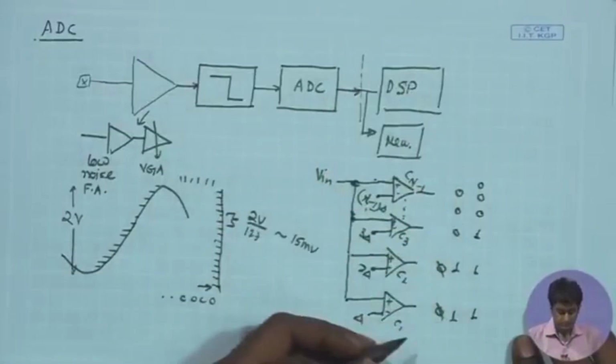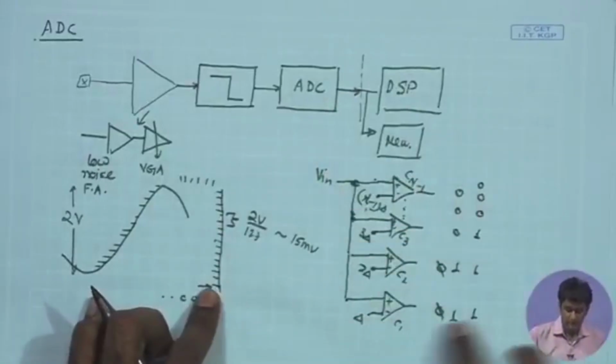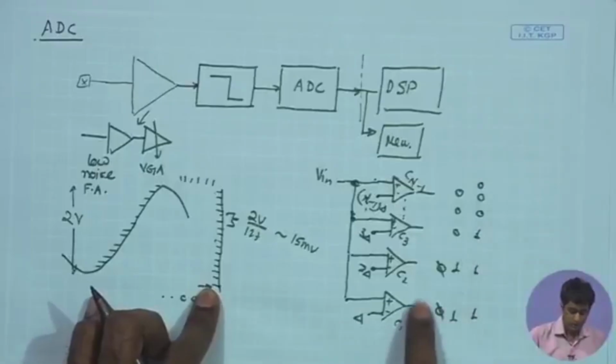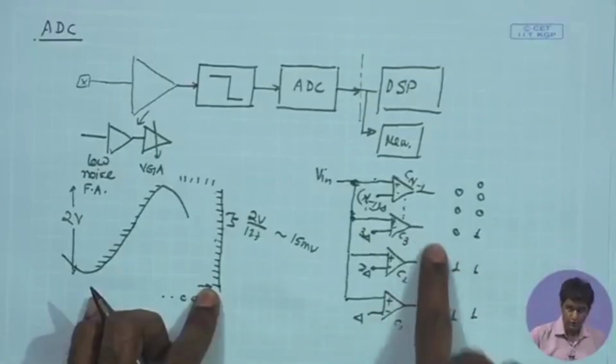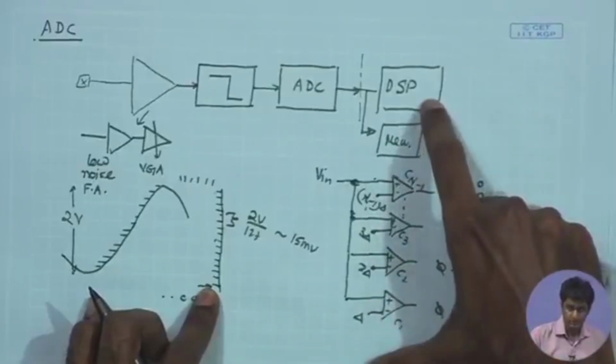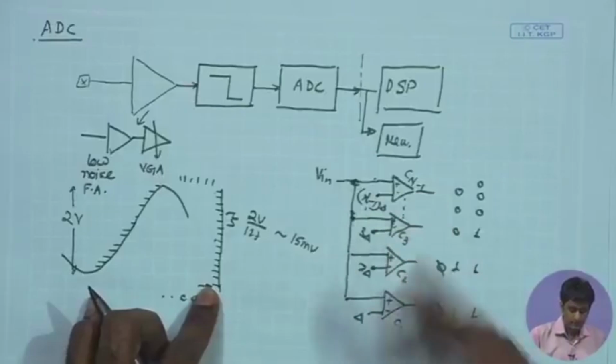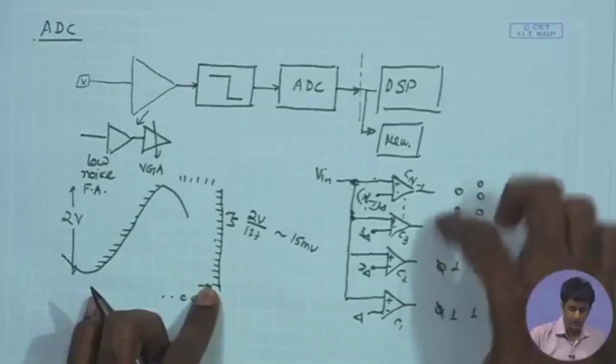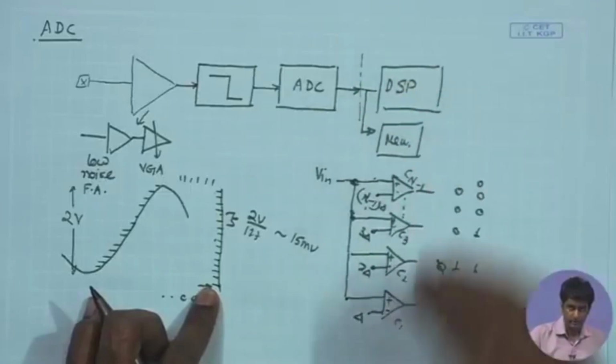So, basically as the signal goes up, we are having some kind of thermometer code where the lower comparators' outputs are going to be set to 1 and the upper comparators will have 0, and if the signal amplitude increases, a larger number of comparators from the bottom will be having output 1 and smaller numbers will be having output 0.